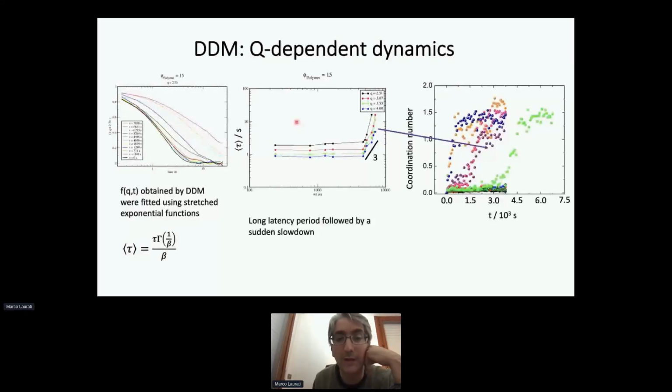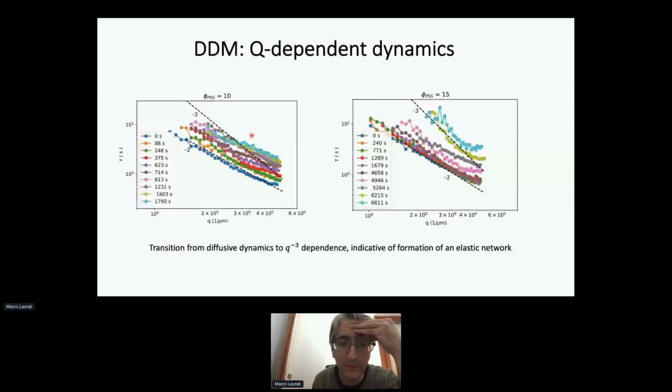This is seen also in the Q dependence of these relaxation times, which in the first case is still diffusive at the initial times, and then it evolves, but with no very clear transition to a different Q dependence.